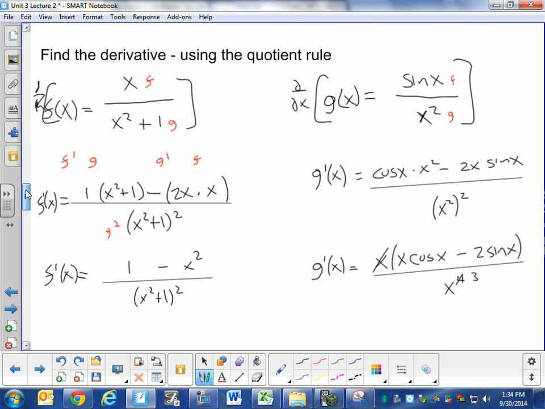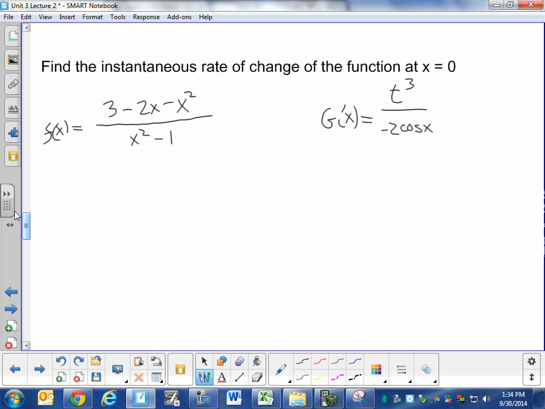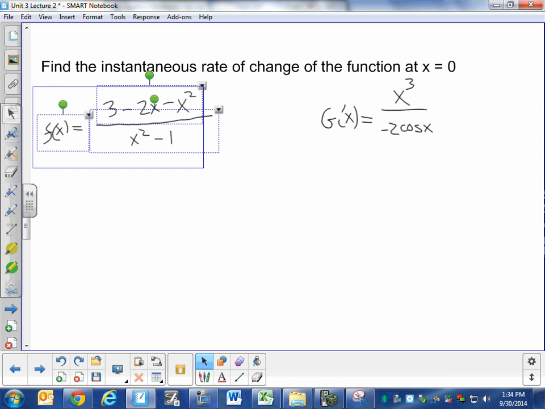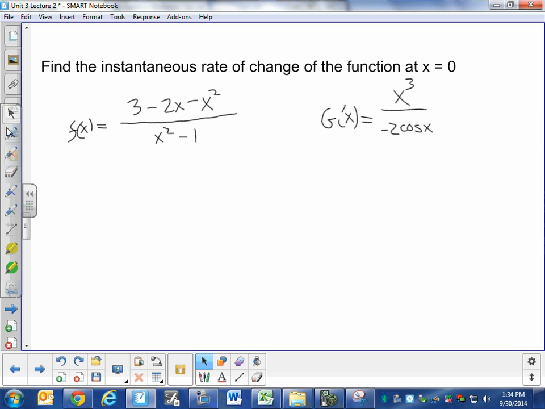Let's do a couple others. Asking us to find the instantaneous rate of change of the function at x equals 0. This should be an x. So let's do this guy. Need to find the derivative of this guy at 0.